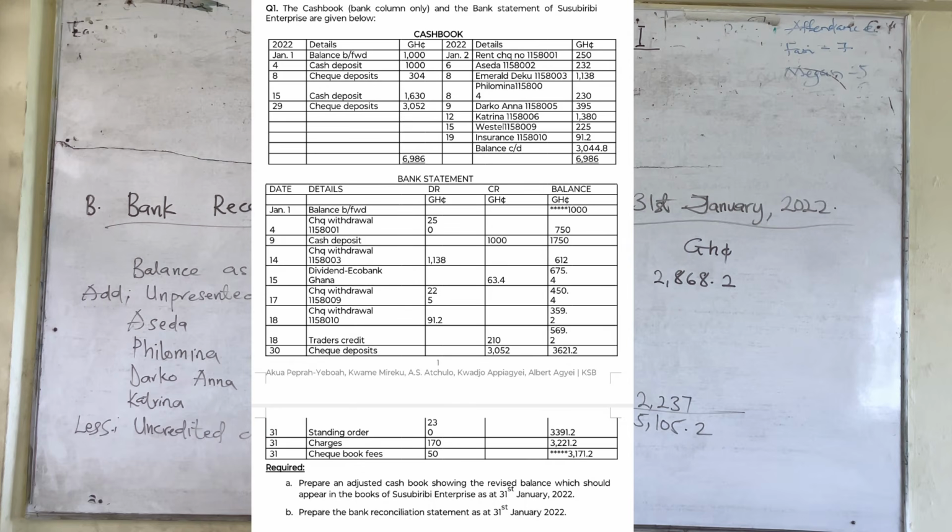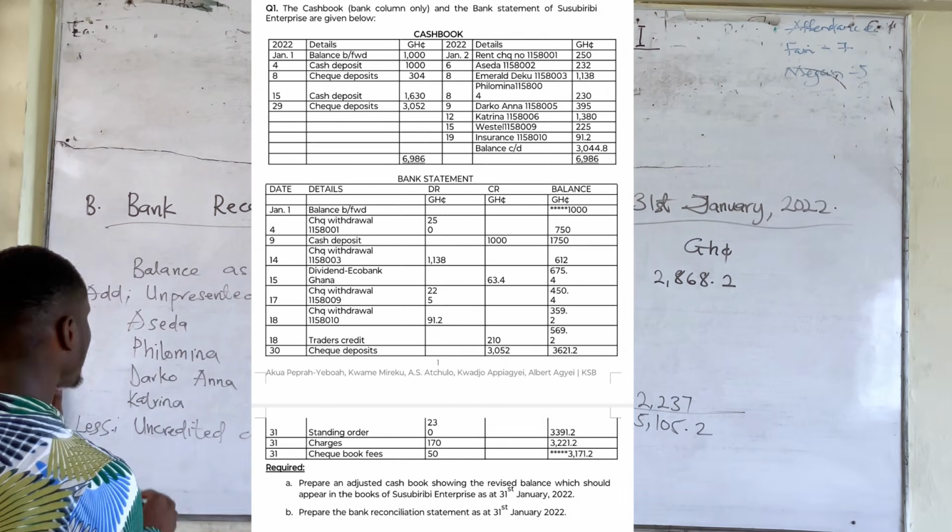So we will look out for those items. Okay, so we have 1,000 was recorded in the bank statement as credit. Then we have check deposits 304, which was not recorded.